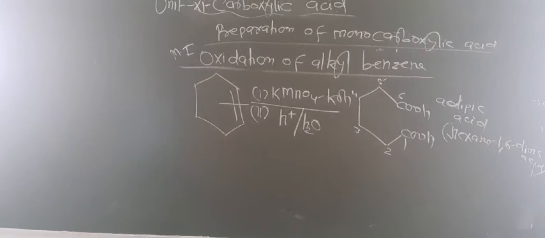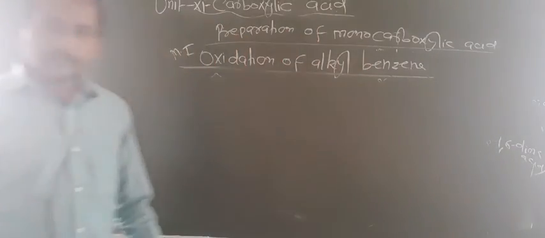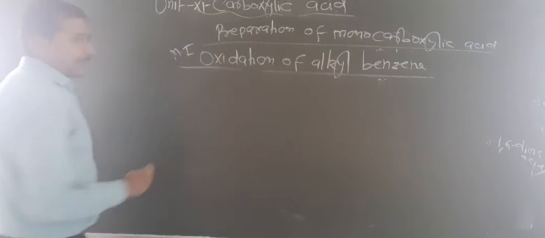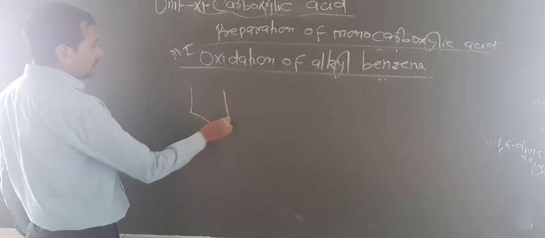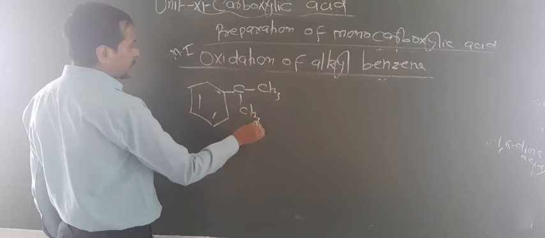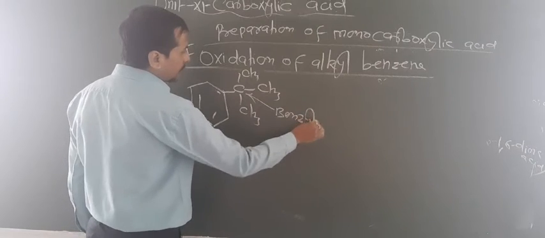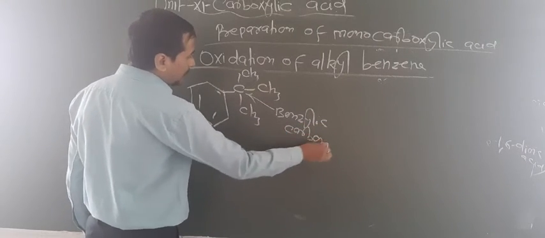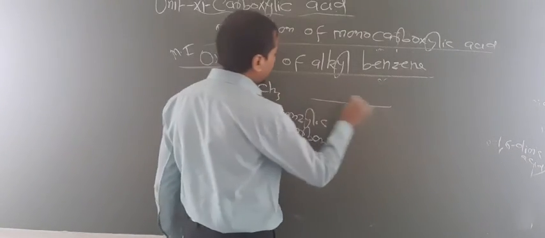One more point to note down: if you are taking benzene rings having no benzylic hydrogen. So for a 2 degree benzylic carbon, that means a benzylic carbon having a single H, can also be converted into acid. But if the benzylic carbon has no H, look at here, this is known as benzylic carbon, this has no H. So now what happens here?